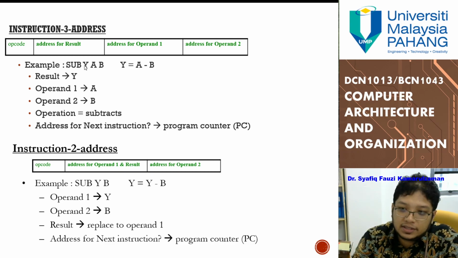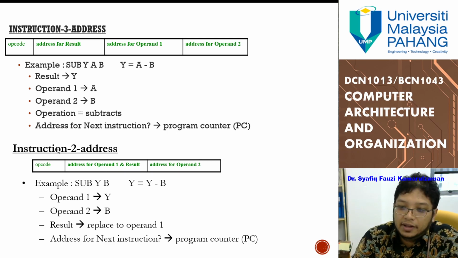The code will be sub y a b. The result will be in y, operand 1 is a, operand 2 is b, and the operation involved is subtraction. The address for the next instruction will be inside the program counter itself.